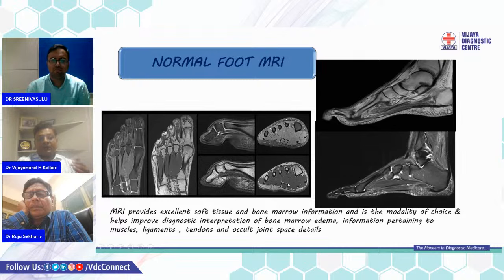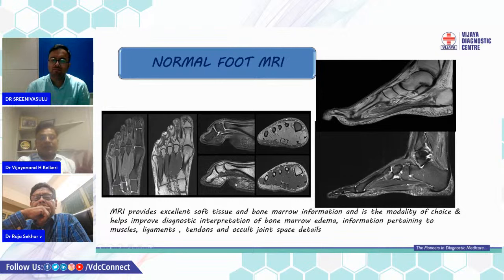Okay, this is one of the sections which helps us in seeing the extension to the dorsal surface of the foot. And this is the axial representation of the foot, taken at one level. This is the T1, and this is the STIR sequence wherein you are able to see the whole length of the foot from the tip of the toe to the heel or the calcaneum.